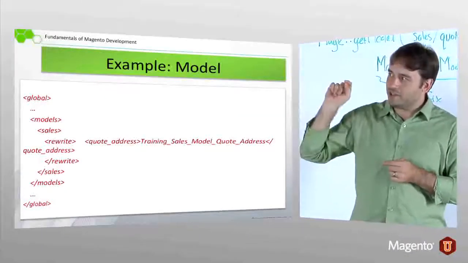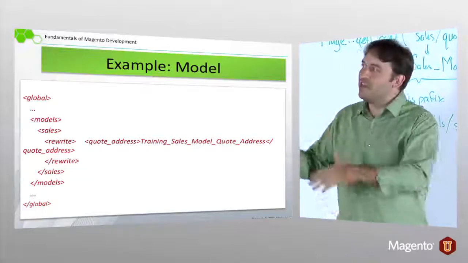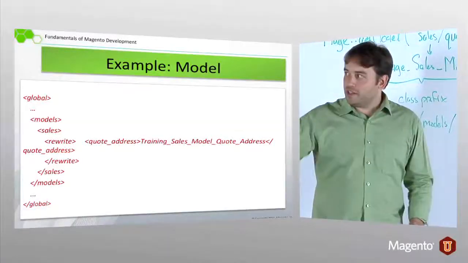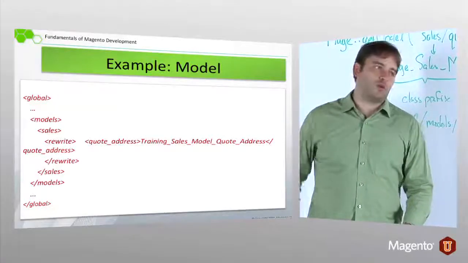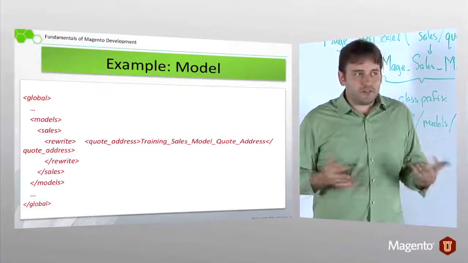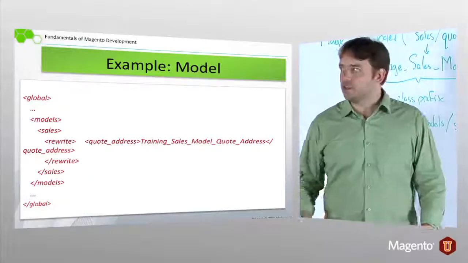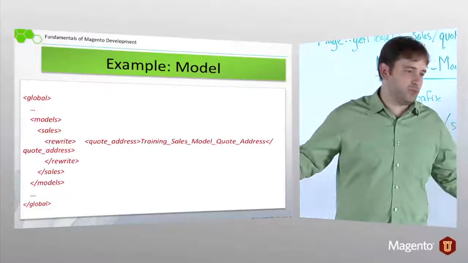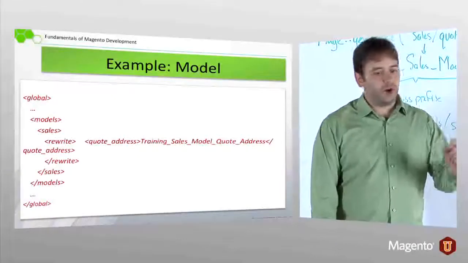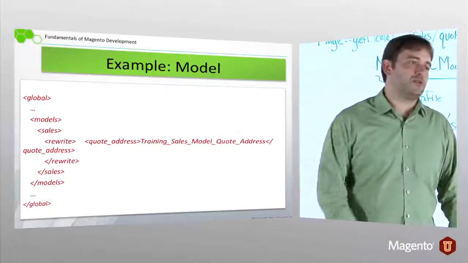So in your mind, just replace all of those underscores because the system will just try and instantiate that class directly. Run the new keyword on training, sales, model, quote, address. There's no definition in memory. Autoloader kicks in, so we get training/sales/model/quote/address.php. Very simple, but it takes a little while to get used to.